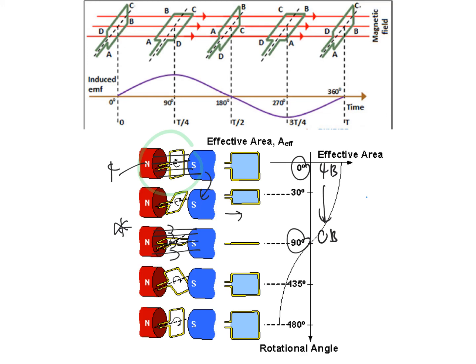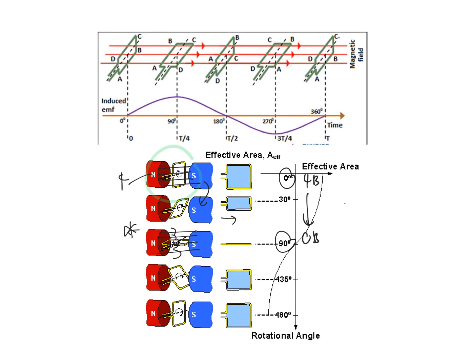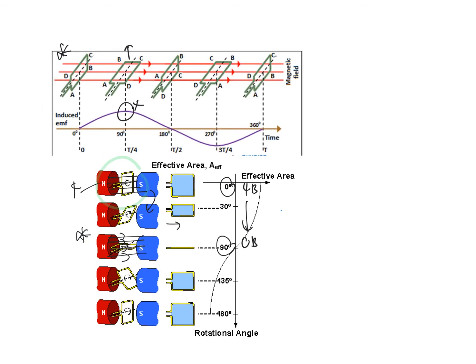From the above picture, this one has 3 magnetic field, and then suddenly there's no more magnetic field passing through the given area, because the perpendicular is N here and this is B, so it's going to be cos 90 degrees, which is 0. That's the reason why you get the maximum.